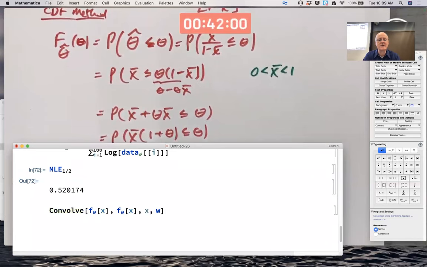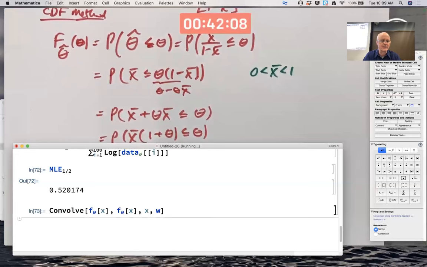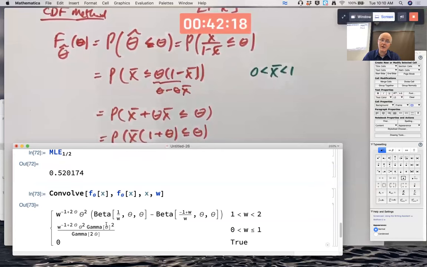Call its variable w, say, you've got to put a w in the last spot. Now, I think I tried this with a particular value of theta. Let's see if it works with the general value of theta. It may not work with the general value of theta. Give it a few seconds here at least. It worked, although it's messier. It involves the beta function and the gamma function.